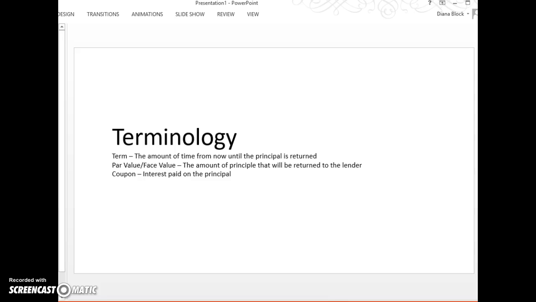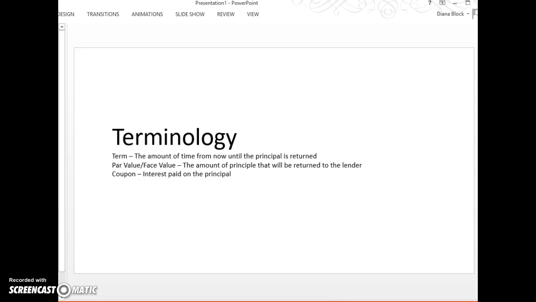And then the coupon rate is the interest rate that's being paid on the principal. So if you have a 10% coupon, that means 10% of the face value is the interest that the corporation has to pay you every year of the bond term until they pay you back the principal at the end.